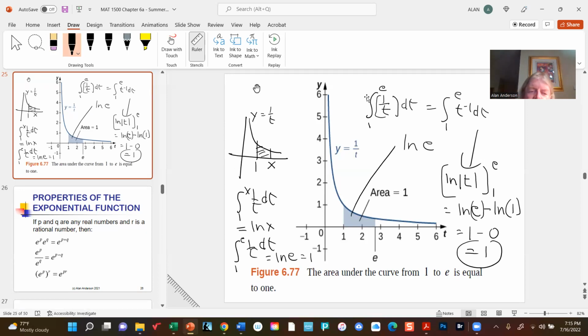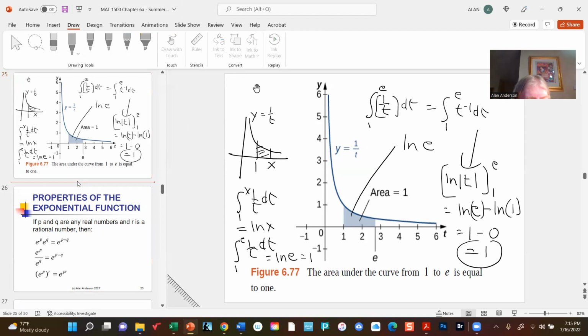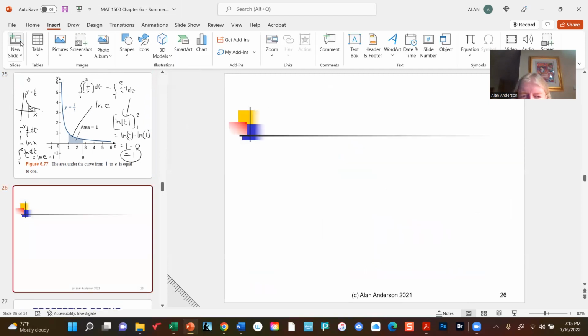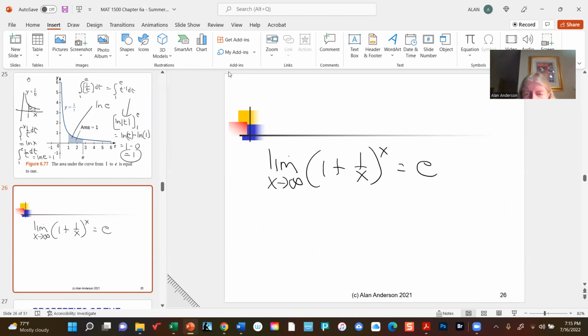Now, by the way, I know somewhere along the way, it turns out that e is also defined in terms of limits, and I just want to throw it out there right now. There are two equivalent ways of doing this.